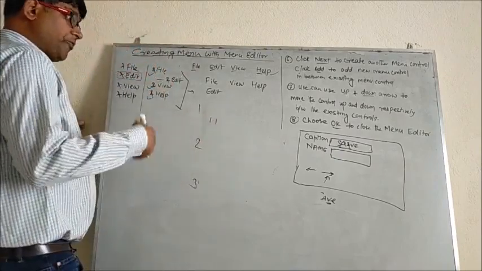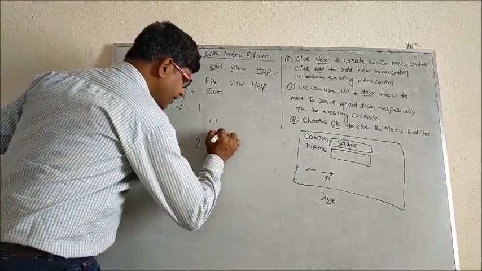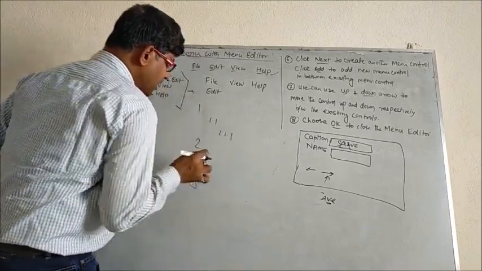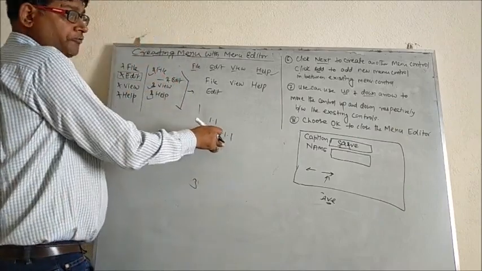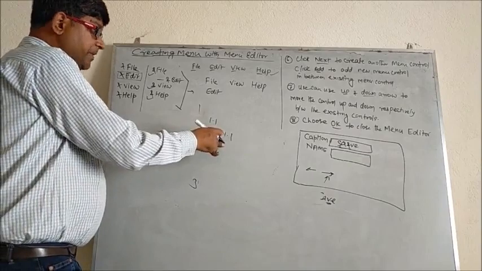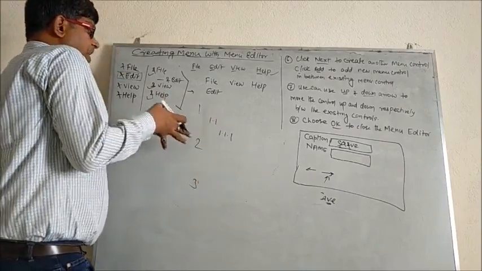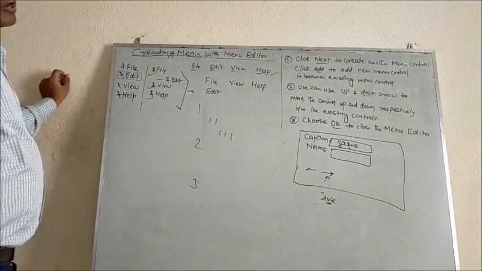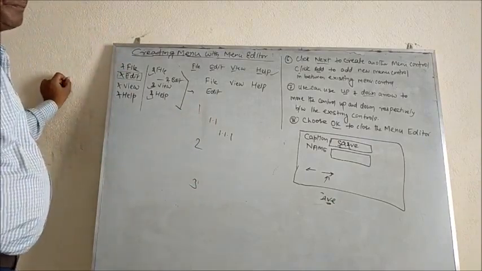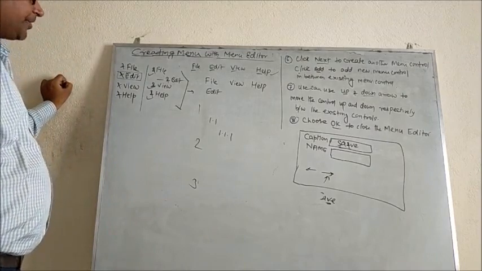And if you want to go for 1.1.1, if it is there 1.1, then you will write 1.1.1. So this indentation you should follow in content of any book. Similarly, the same pattern is also applicable when we are designing the menu control through menu editor. I think this is clear to you.